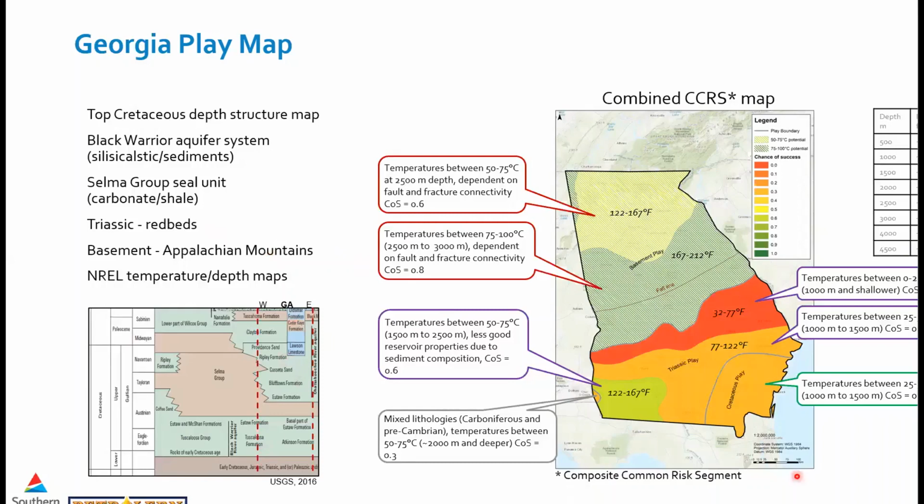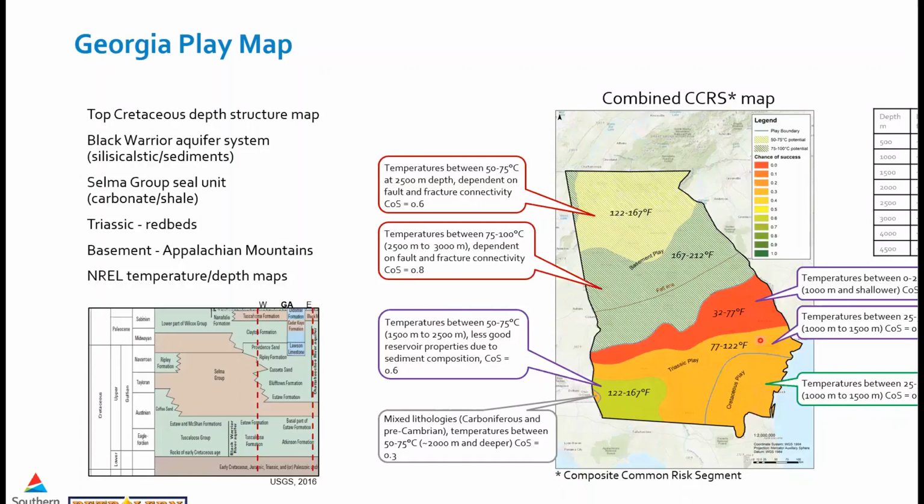If we start out here with the Cretaceous play, we can see that the temperatures are now slightly less than they were in Alabama and in Mississippi. Now it's between 25 to 50 degrees Celsius at depth between 1,000 to 1,500 meters, so it has a cost of 0.3.